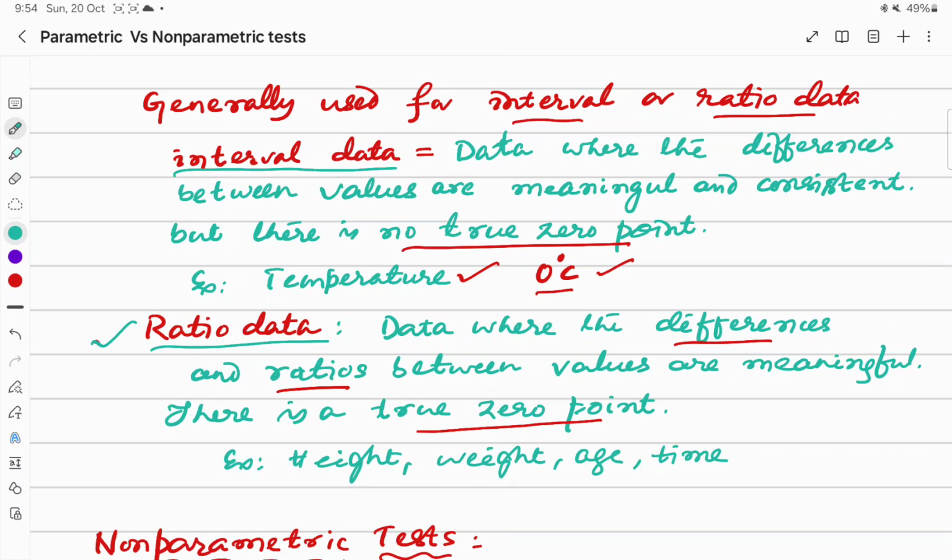So when we say age 0, that means there is no data at that point. So that type of data is called ratio data, and both differences and ratios are considered. Only differences between values, interval data, no true 0 point.